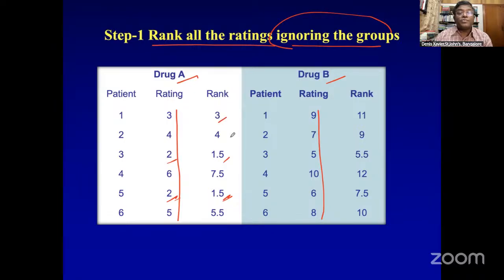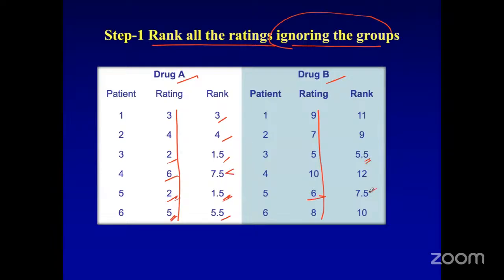Then 4 gets 4. Okay, now the next rating is 5, but we seem to have two 5s, so 5.5 and 5.5. You got how the ranking was done? Now, since we have two 5.5s, we won't have 6. The next number will be 7. Now, we have 6 twice here, so it will be 7.5 and 7.5. Okay, that's why I took 6 and 6, so that we can understand.